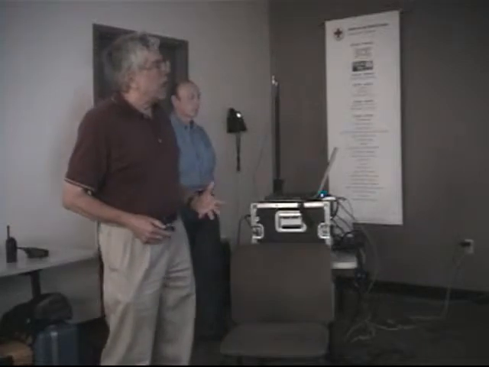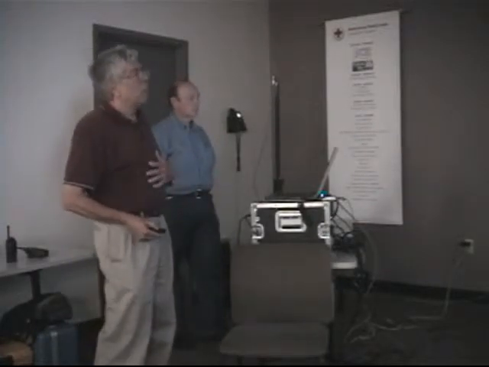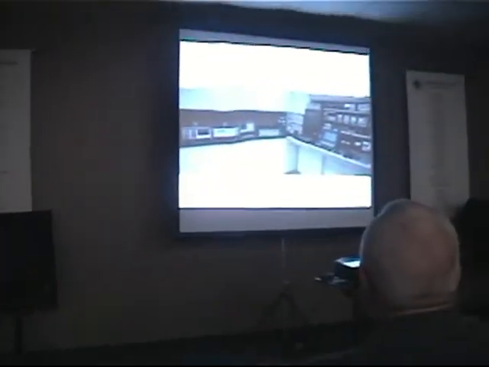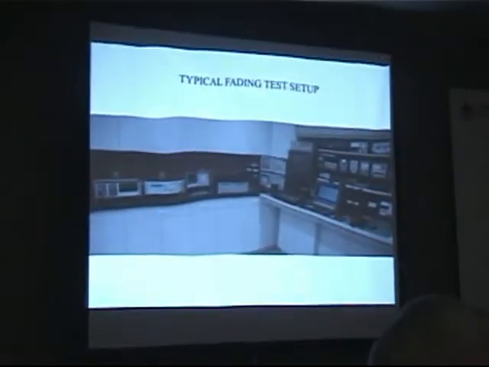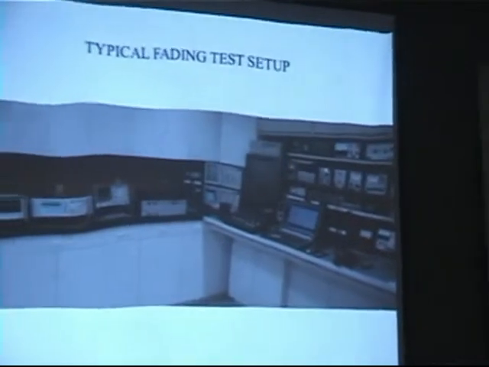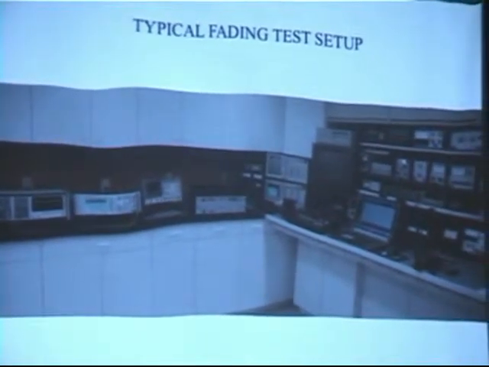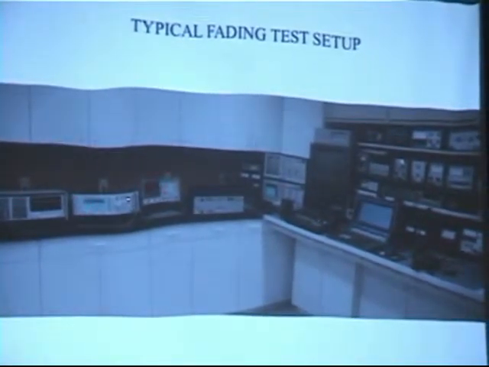And in fact, we can simulate all of that with the right equipment. And this is an example of an equipment configuration set up in the lab to simulate the real world. We have what's a channel emulator here that can emulate the fading and multipath characteristics that we have in a mobile environment. We have signal generator, service monitor.